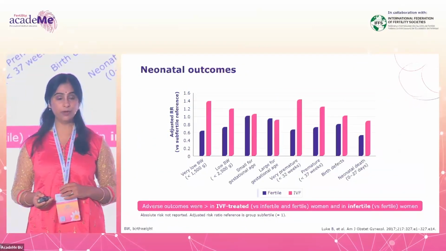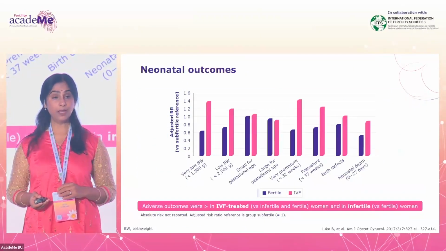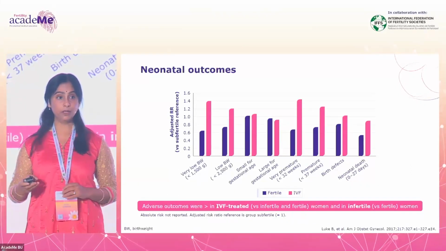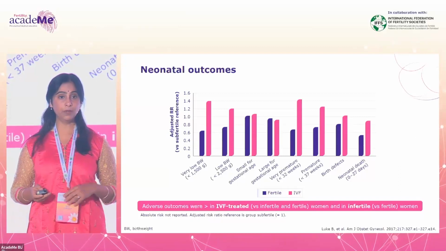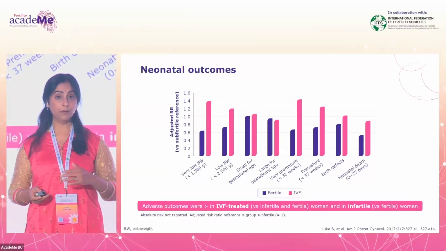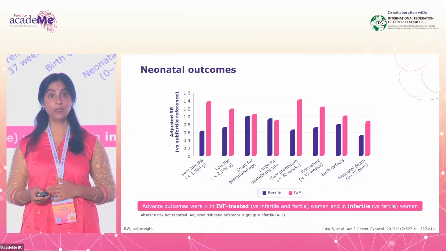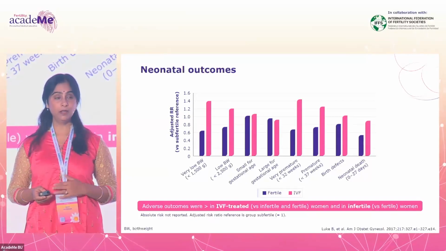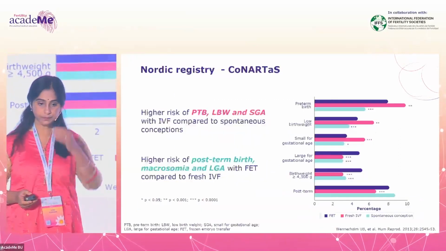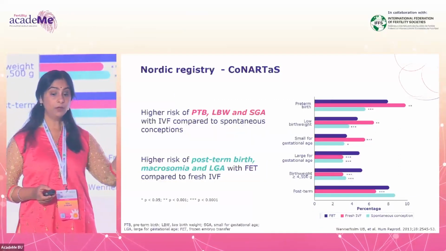And the same with neonatal outcomes. Compared to the fertile cohort, deliveries in infertile women have higher risks of preterm birth and low birth weight, and IVF pregnancies have even higher risk compared to the infertile and the fertile cohorts. So that's from North America.